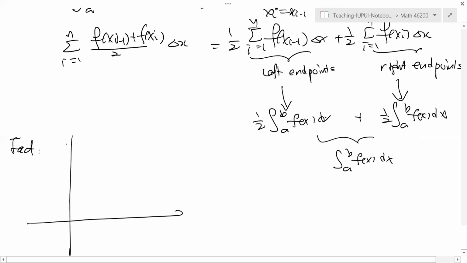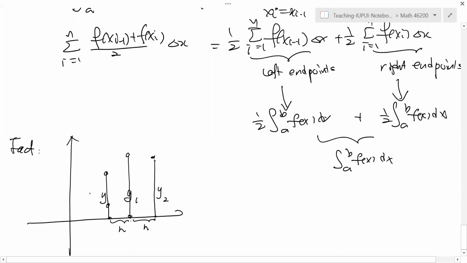If you take 3 points, each separated by distance h, they have different heights, y0, y1, y2.